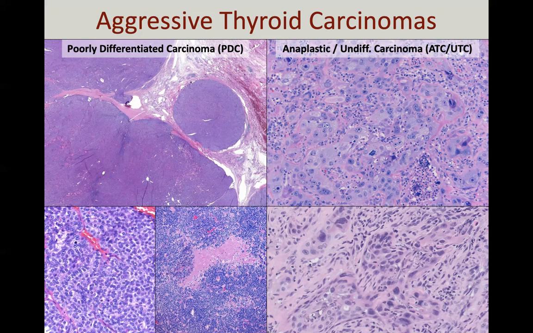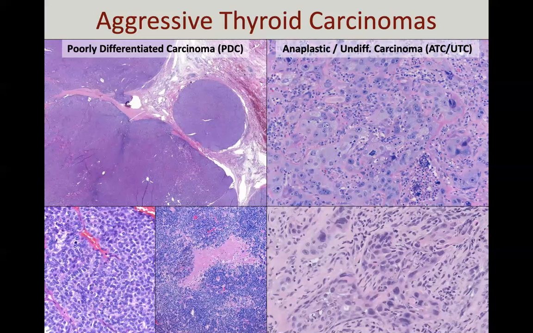It can be very challenging to hit on poorly differentiated carcinoma on FNA because the cells look like follicular cells. So you may end up calling it a follicular neoplasm because it's very cellular. But anaplastic no longer looks like thyroid, right? It looks like wildly pleomorphic, those giant nucleoli, weird epithelioid morphology, sometimes even looks like squamous cell carcinoma.